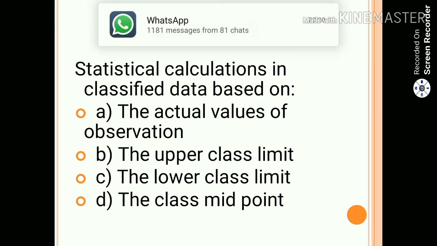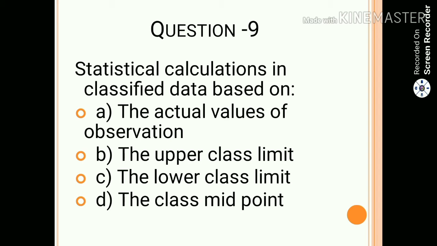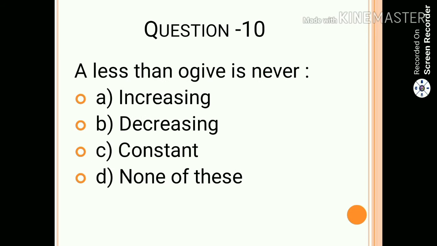Options are the actual values of observation, the upper class limit, the lower class limit, and the class midpoint. Question number 10: a less than ogive is never increasing, decreasing, constant, or none of these.